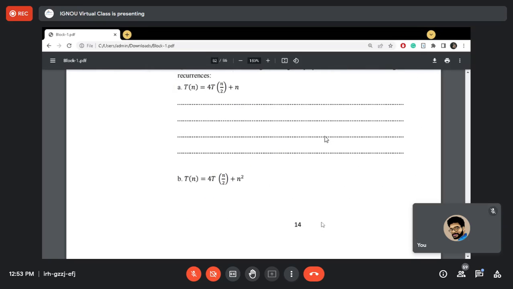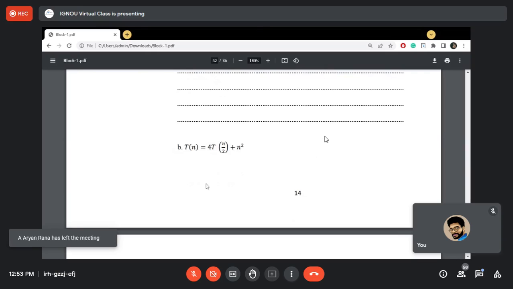If F(n) is n squared. Leave that question, do this question, part B. I need the answer to this question using the master theorem with explanation.